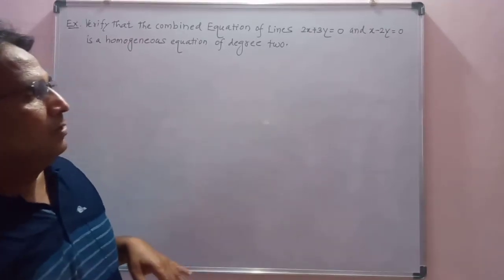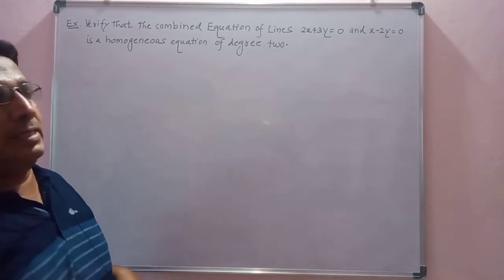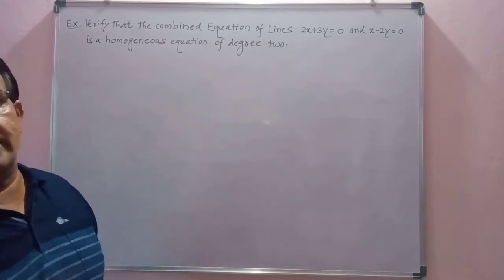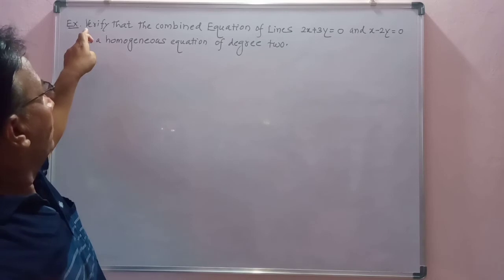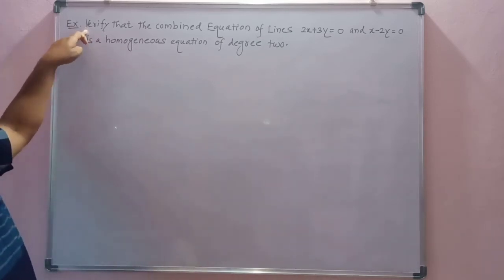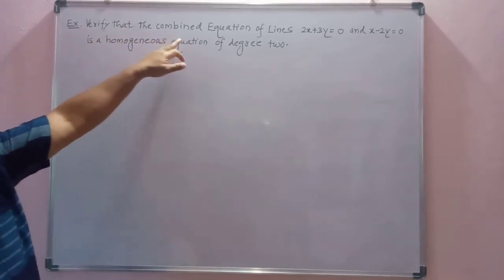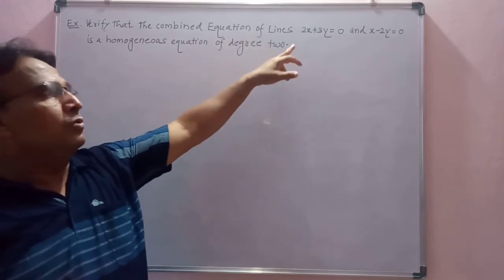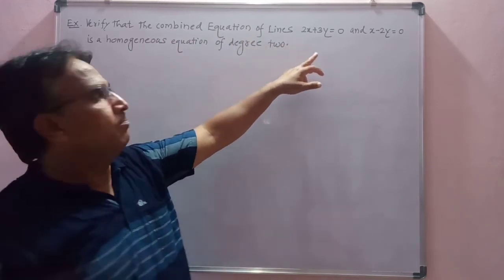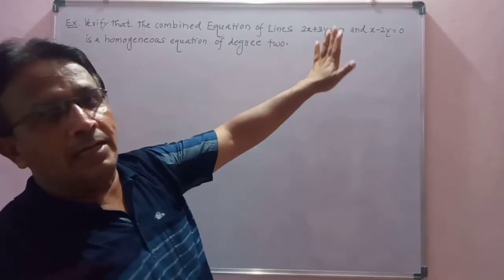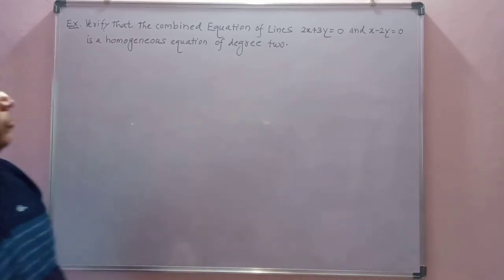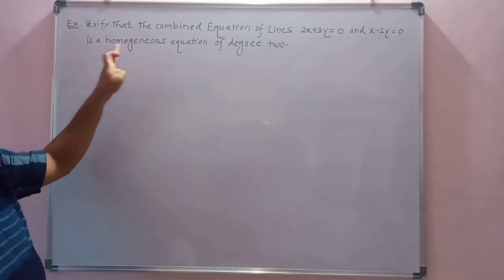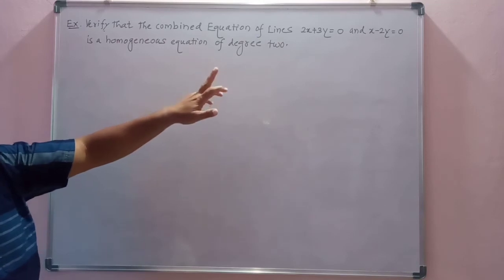We see one example of a homogeneous second degree equation in x and y. The first example is: verify that the combined equation of the lines 2x plus 3y equal to 0 and x minus 2y equal to 0 is a homogeneous equation of degree 2.